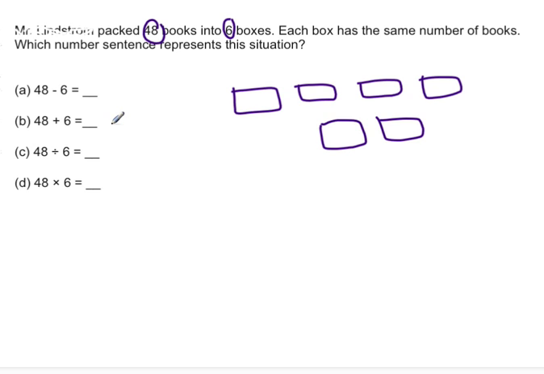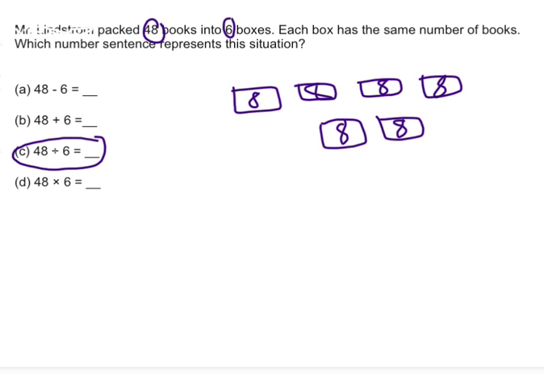We're not adding. We're certainly not going to multiply because we don't have 48 books in each box, but we have 48 books and we have 6 boxes. So what we will be doing is dividing, giving each box 8 books. And that way we know that this makes 48 total books and the 6 boxes.